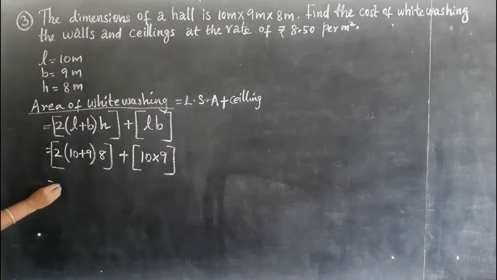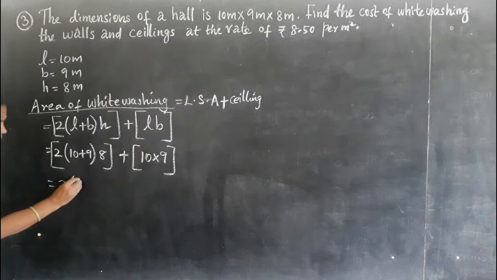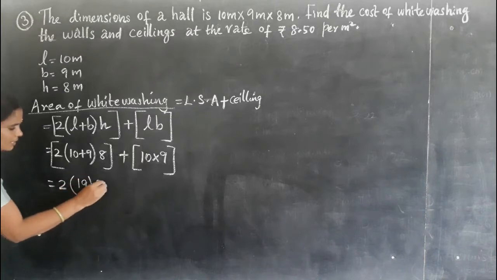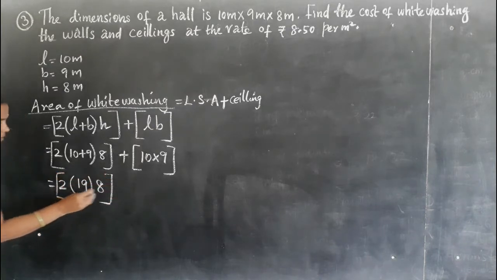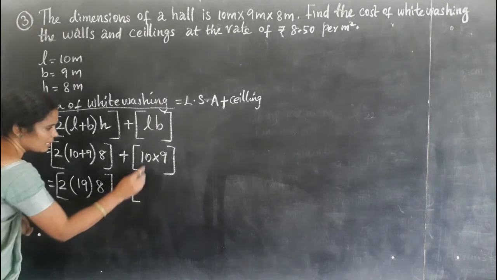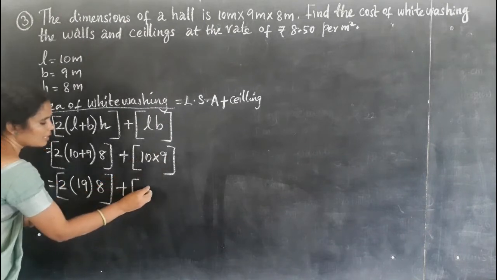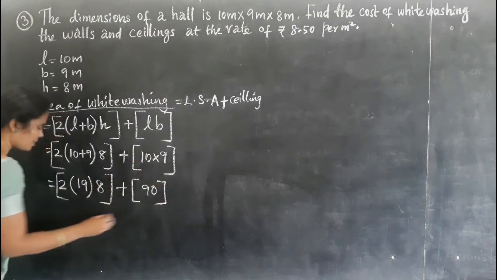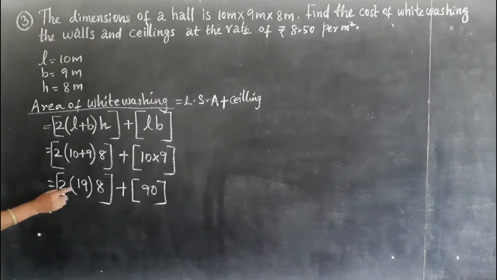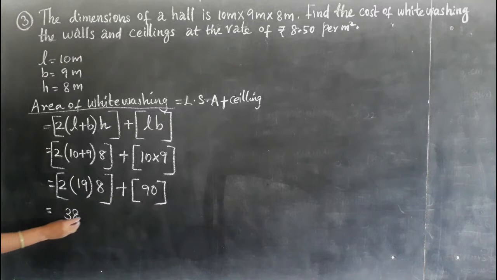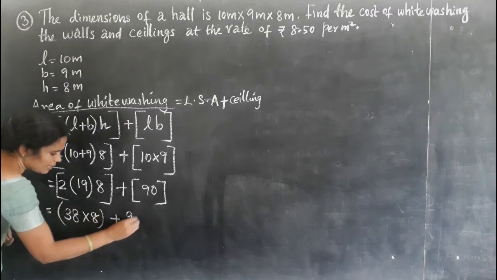Okay, now 2 within bracket 10 plus 9, 19 into 8 plus 10 9s are 90. 9 2s are 18, 1 2s are 2, 2 plus 1, 3 into 8 plus 90.